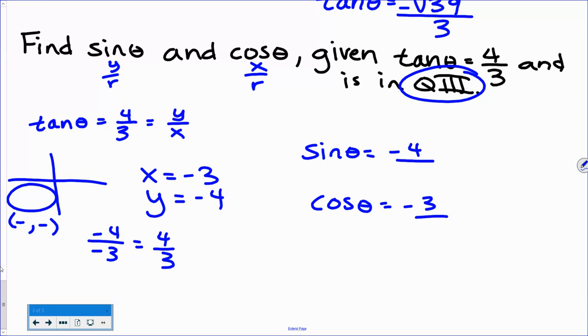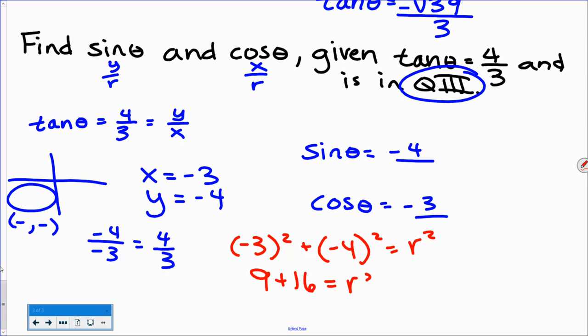I need to still come up with r, and then I have my answers. I just need to do the Pythagorean theorem. So -3 squared plus -4 squared is r squared. Maybe you already know this would be a 3, 4, 5 triangle, and you don't even need to do that work. Totally fine. Great. I hope some of you know that to save you some time, but r would be 5.